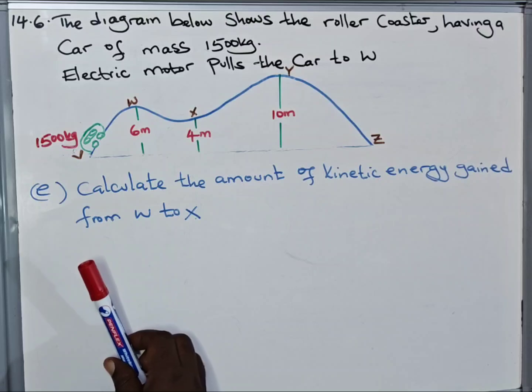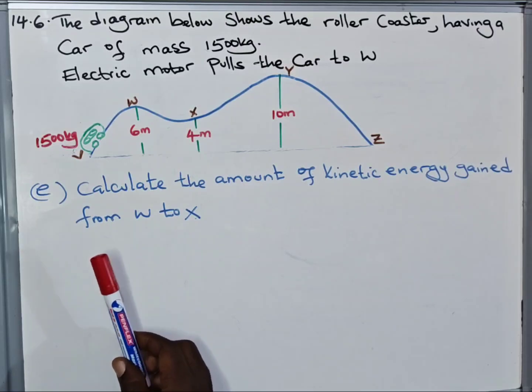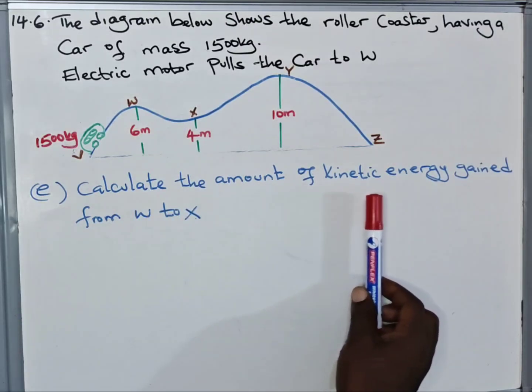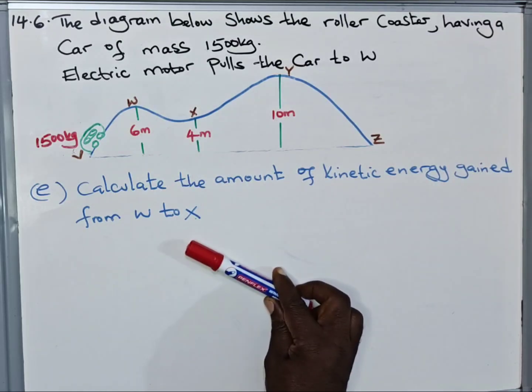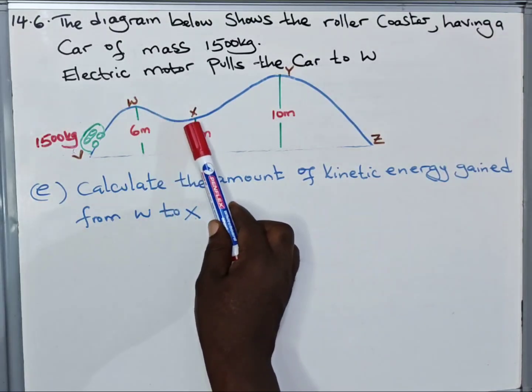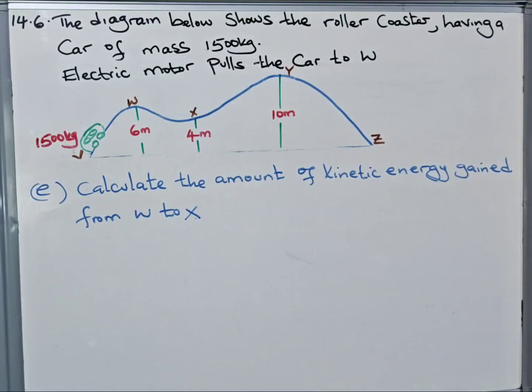Now this question comes. It says, calculate the amount of kinetic energy gained from W to X. This is W, this is X. So how do we calculate this?